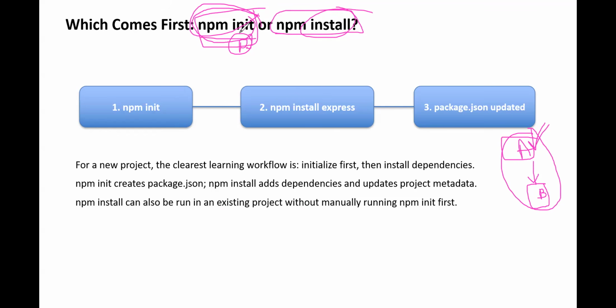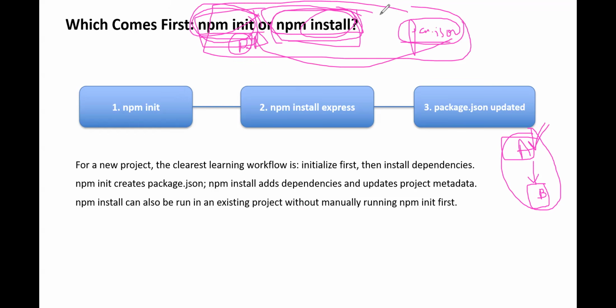After initializing with npm init, the package.json file will be created. After installing packages, to store the details of those packages, we have package.json. So package.json is the home for these packages, and it is created by npm.